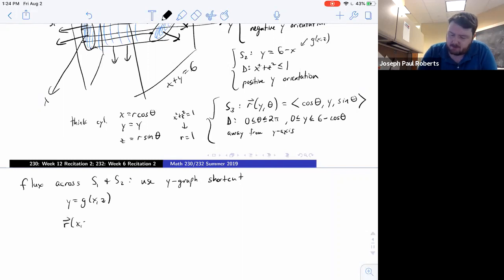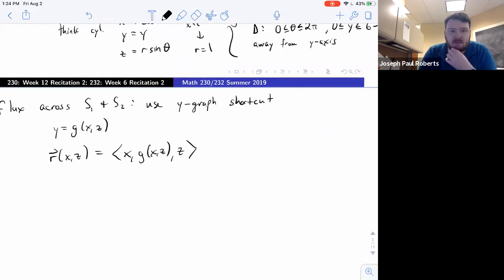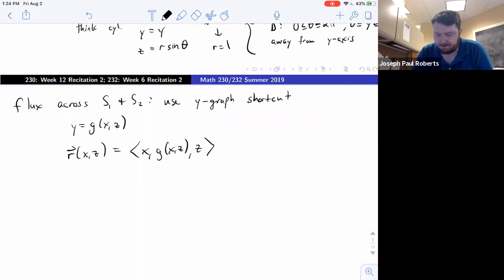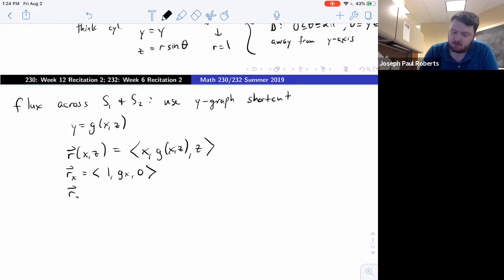So if I wanted to set up a parametrization, that's what I would be dealing with, that R of XZ is X, G of XZ, Z, so that Rx is 1, Gx, 0, Rz is 0, Gz, 1, and Rx cross Rz is, well, in this case, it's going to be Gx, minus 1, Gz.